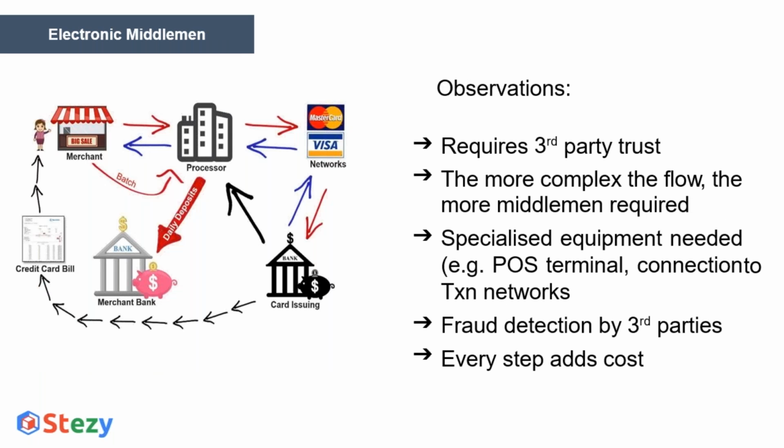So if you talk about the electronic middleman, today we don't need it when we go blockchain ready, right? If you see the picture here, you have a merchant bank, you have a processor, you have a Visa network here, card issuing company, right? So all these partners will be part of the consortium to have a seamless user experience, right? And so the data will be quite real. You don't have the kind of frauds which happen in the banks today.